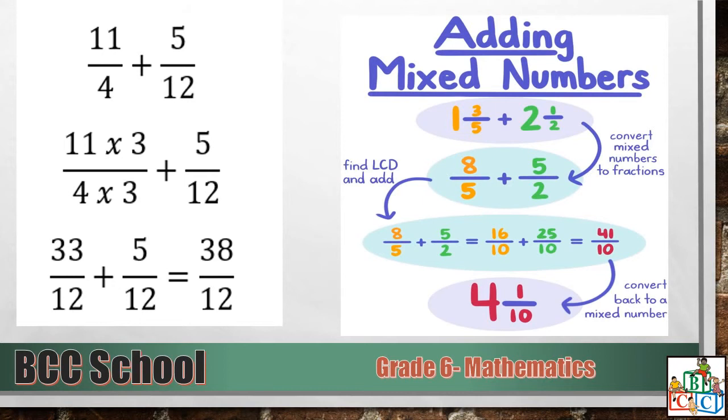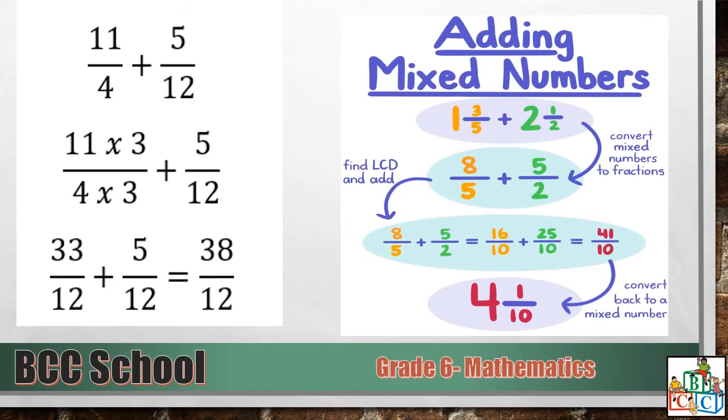The second example is adding mixed numbers. These consist of a whole number and the fraction, 1 3/5 plus 2.5.